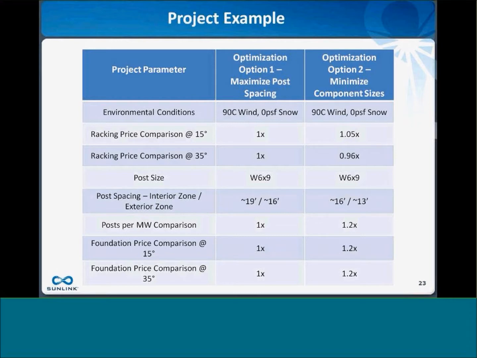If your post length is constant, then option 2, where you're minimizing component sizes but allowing post spacing to decrease, that would be a 1.2 times cost for your foundation over the optimized, maximum post spacing option.